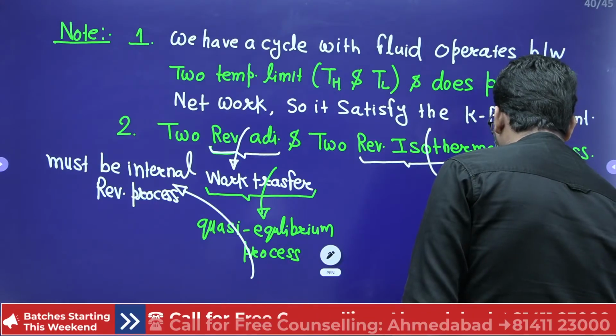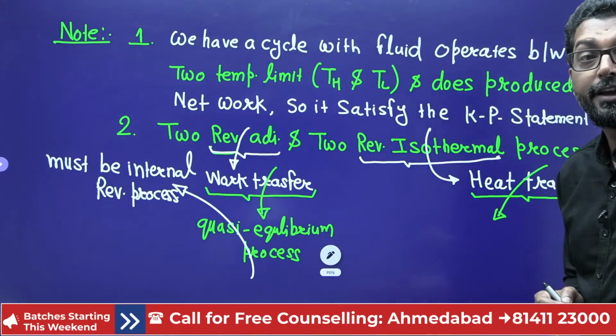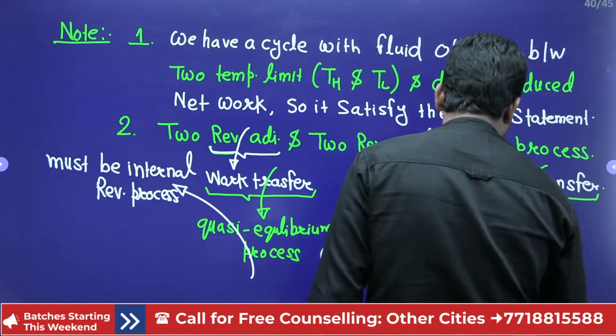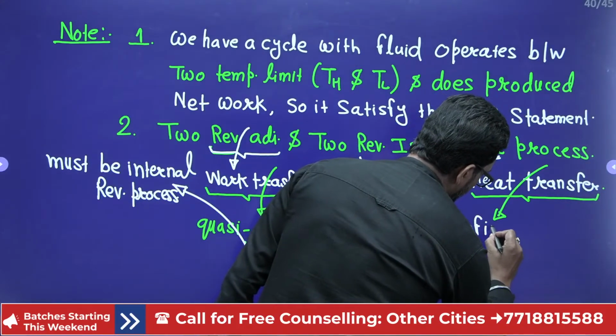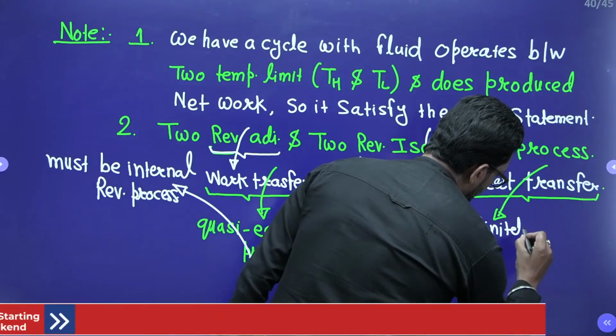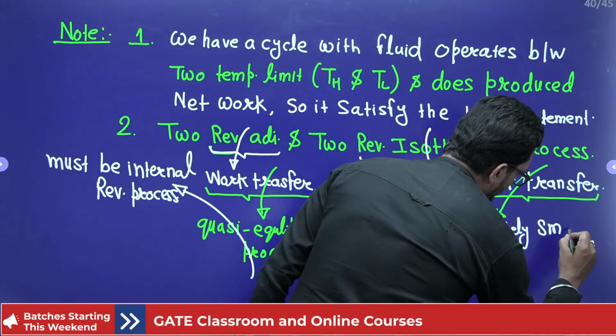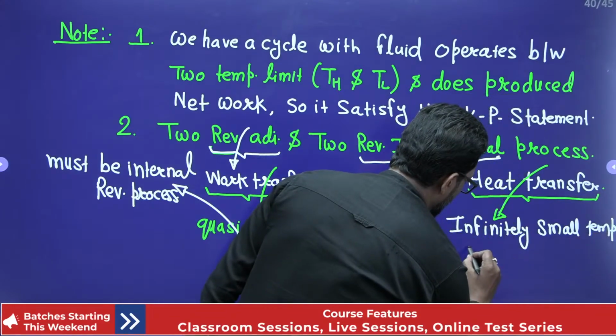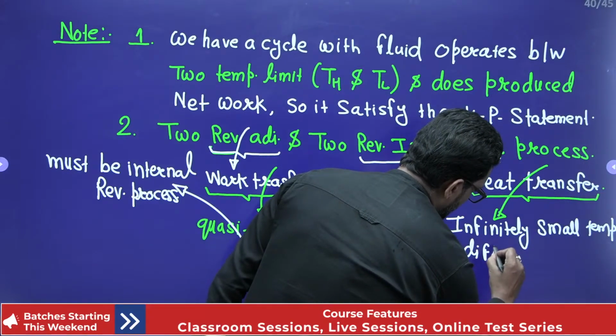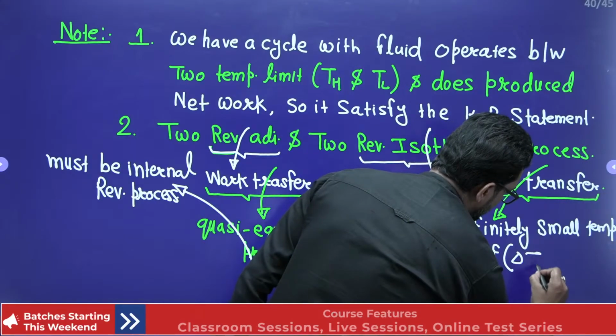Now, this heat transfer must be through an infinitely small temperature difference, that means delta T tends to 0.